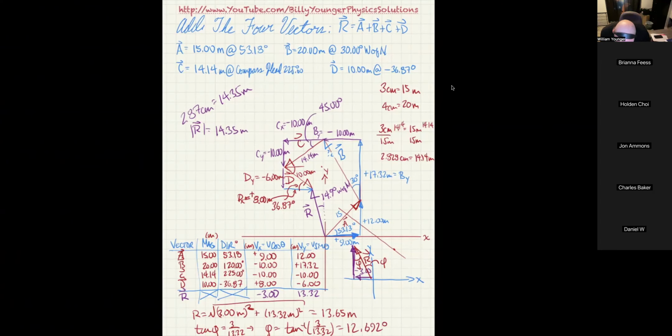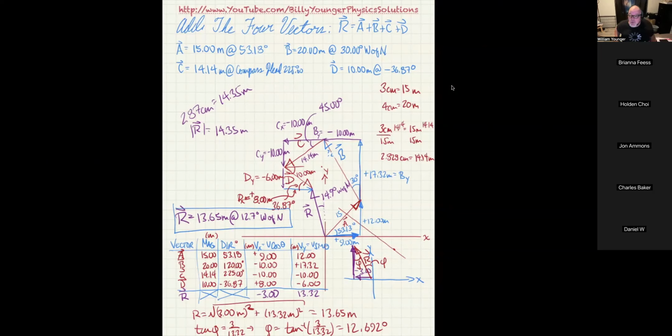So I had read 14.9 degrees west of north. We got 12.62. So what this tells us is our R vector is actually equal to 13.65 meters at, let's call it, 12.7 degrees west of north. And that is how we add vectors.